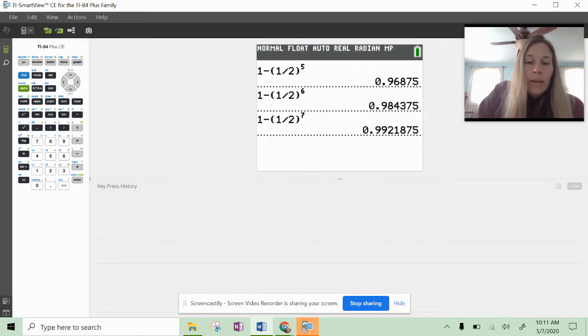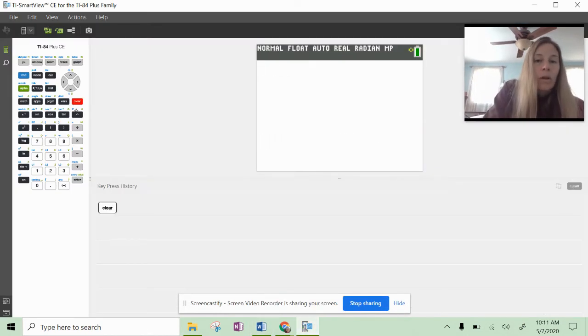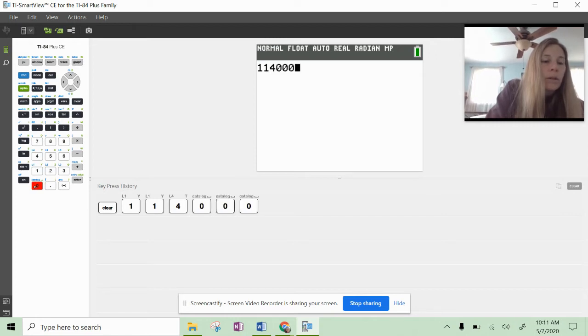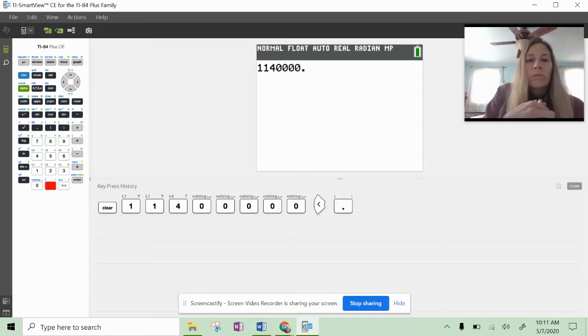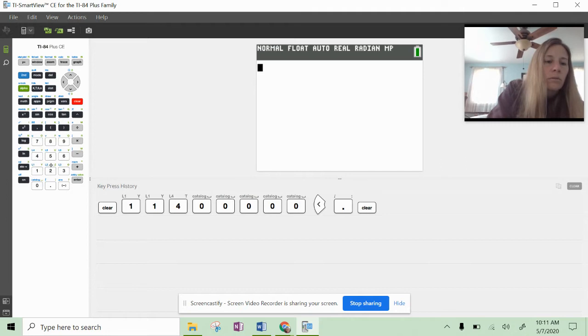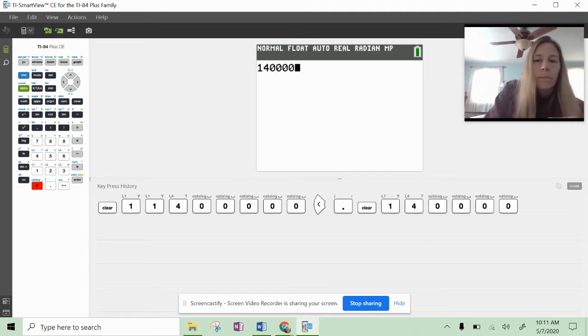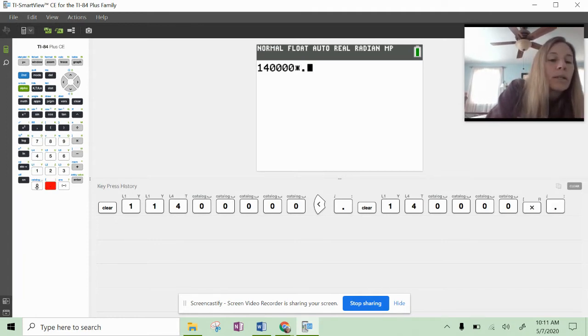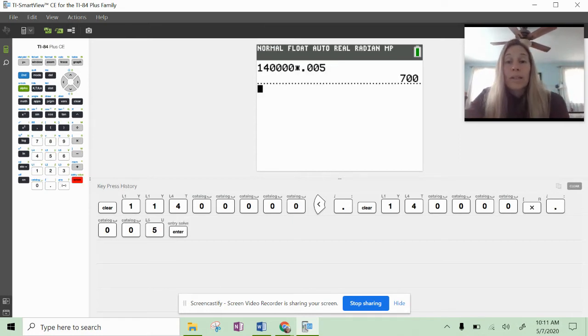So if I take a look at my calculator, for example, 140,000 times 0.005 means in the first month I'm going to owe $700 of interest.